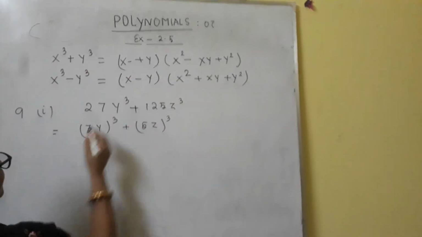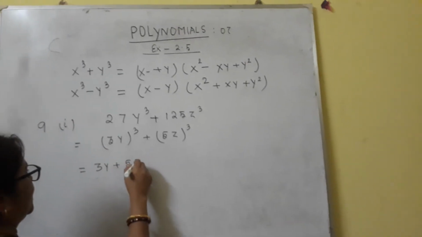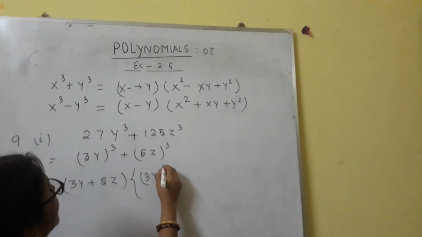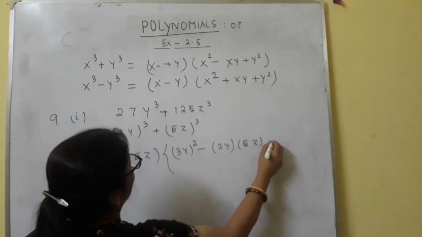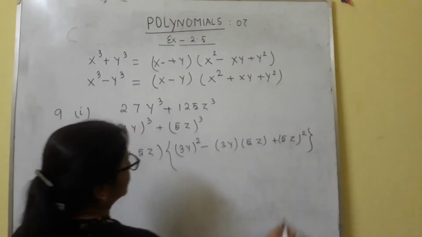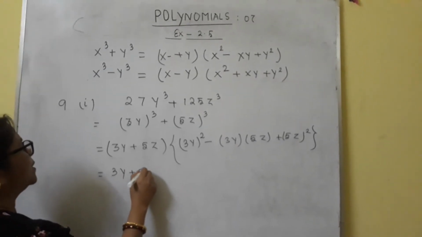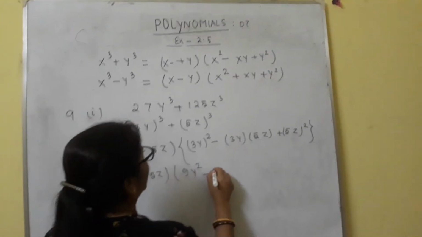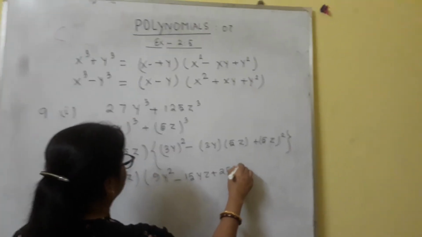Now using the identity, we got 3y plus 5z into 3y whole square minus 3y into 5z plus 5z whole square. Simplifying, 3y plus 5z into 9y square minus 15yz plus 25z square.